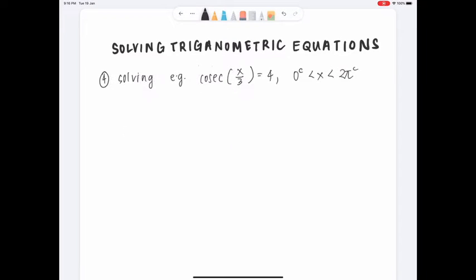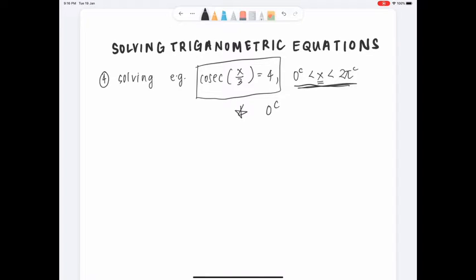The last main type of trigonometric equation problem would be the showing types. So basically, this is the question: show that cosec of x over 3 equals 4. One thing I would like to bring your attention to is that in this kind of question, I would first change the domain. Because as you see here, this is x and this is x over 3.